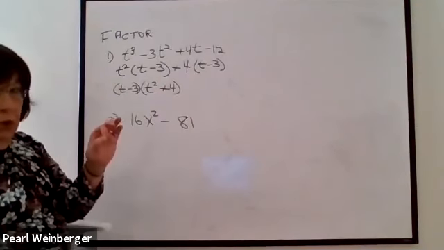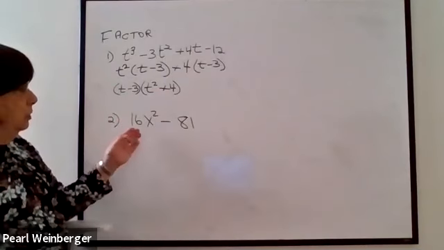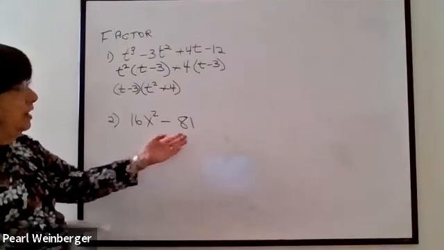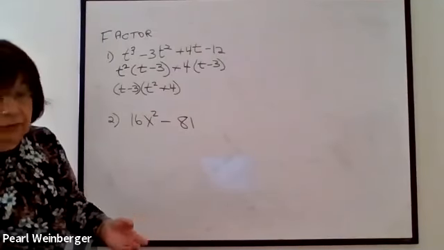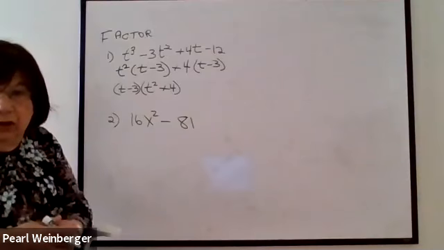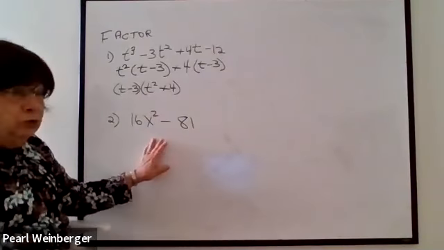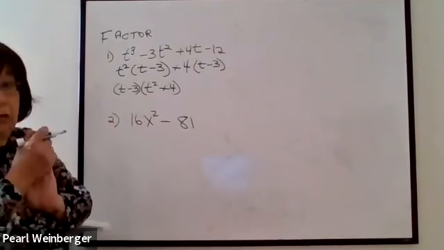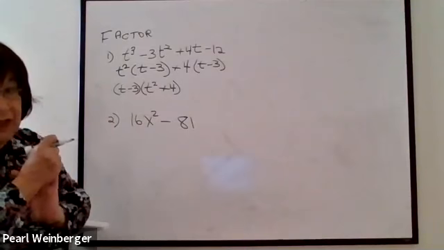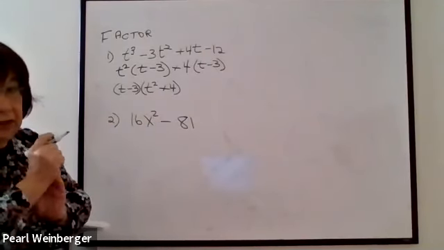Again, step 1, always look for a common factor. Well, there's 16 and 81. Nothing goes into both 16 and 81, except of course 1. That's not what we're looking for. So then we look. How many terms do we have? 2. If there are 2 terms, the only way we could possibly factor would be if we have the difference of squares.